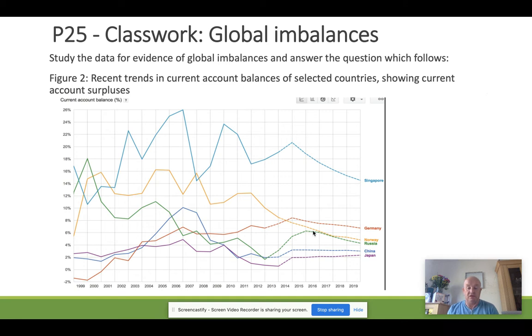It would be nice for you to have some facts and figures at your fingertips as to why some of these countries tend to run current account surpluses or deficits, and be able to compare and contrast one with another. That would be a useful thing for you to do as a result of what we're talking about here.